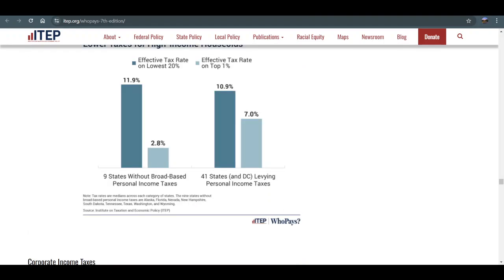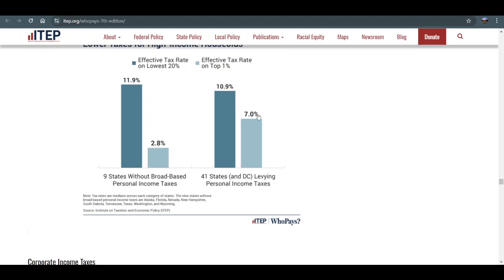So what we have here is a chart that shows the effective tax rate again, and there we're going to look at the 9 states without personal income taxes, which means they rely on sales tax. And as you can see, the effective tax rate for the lowest 20% is 12% versus under 3% for the top 1%. Whereas in the states that have personal income taxes, it's extremely equalized. We have 7 to 11.